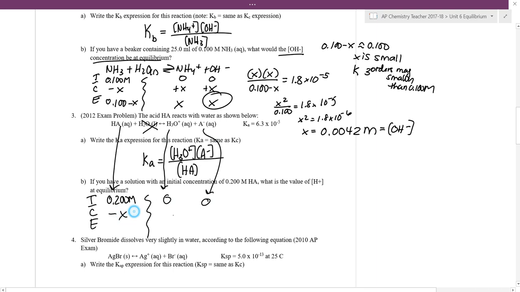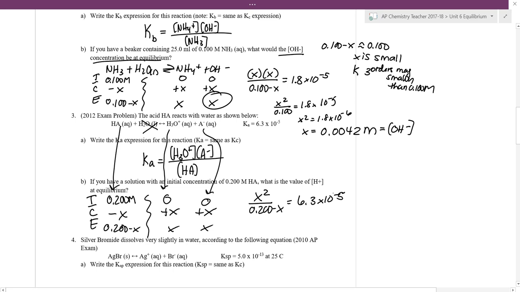So I'm going to use up my HA. I'm going to make product. This is 0.2 minus x. This is x, and this is x. So I end up with x squared divided by 0.2 minus x equals 6.3 times 10 to the negative fifth. Again, my K value is very small.